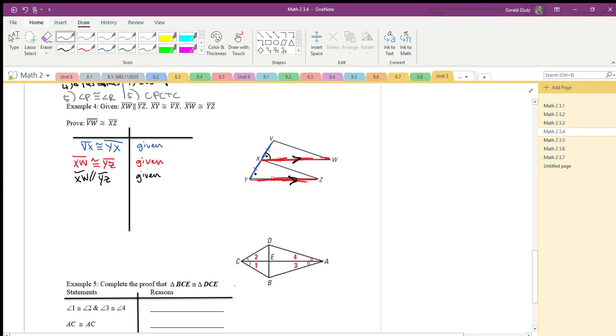So if the two lines are parallel, these have to be congruent. So angle X is congruent to angle Y. So for now, I'm just going to write corresponding angles. Should write more there, but I'm just going to write that for now.